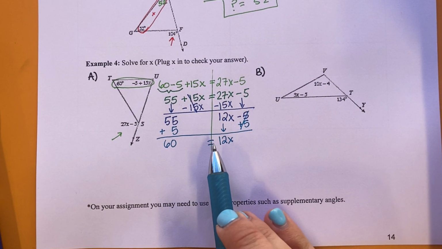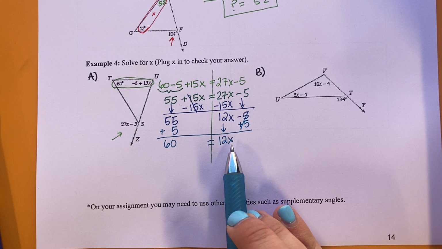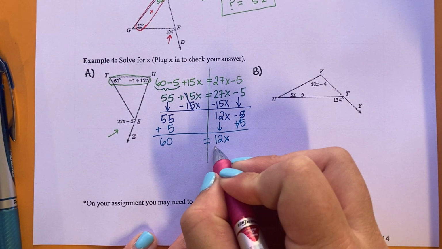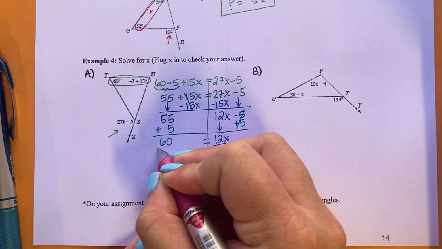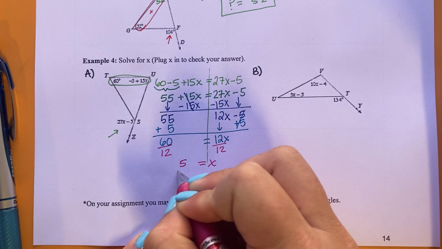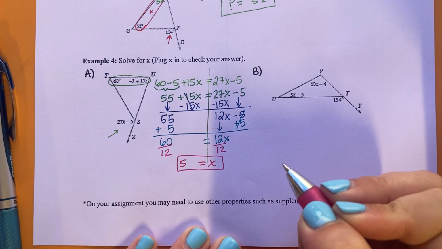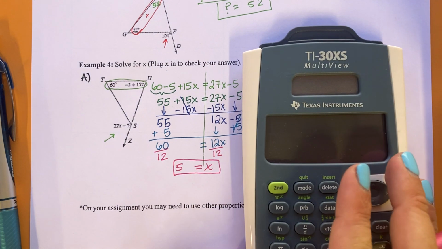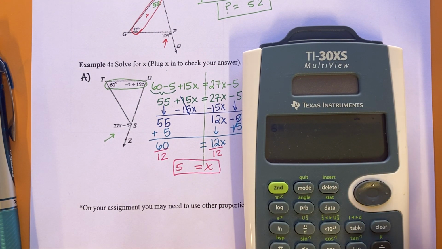As soon as we have organized the x's on one side and the constants on another, we can divide by 12, which gives us x is 5. 60 divided by 12 is 5.